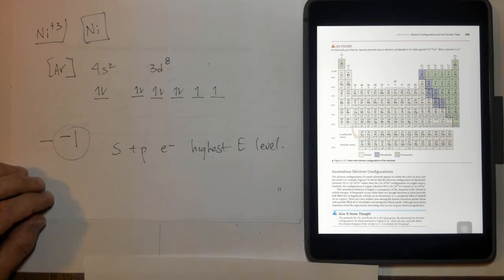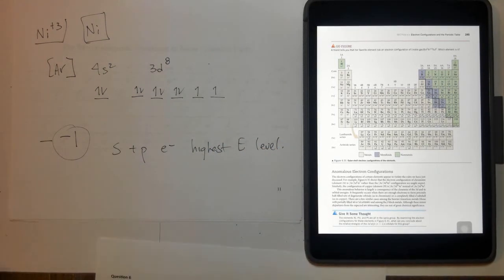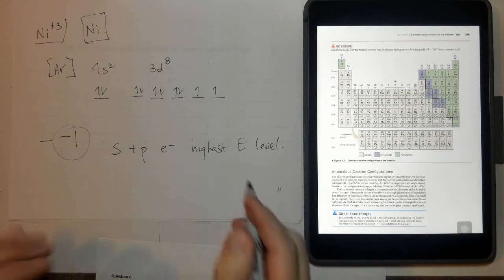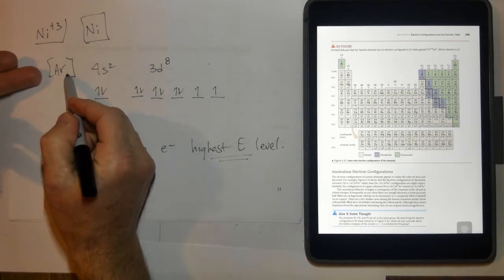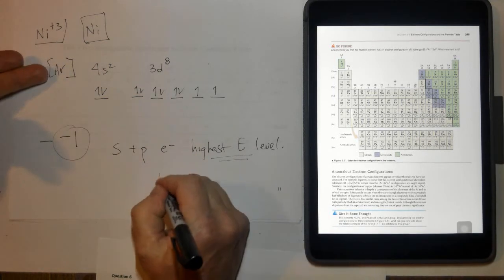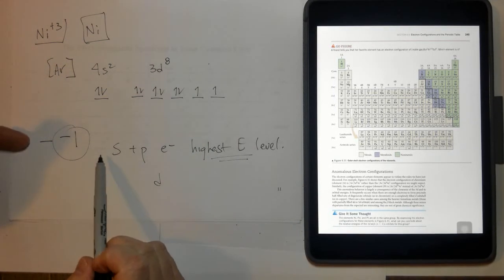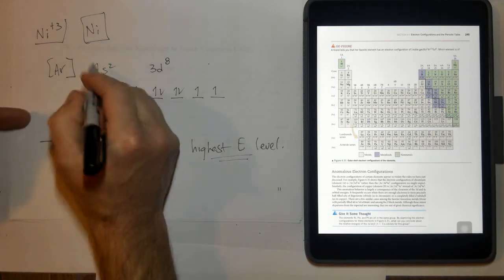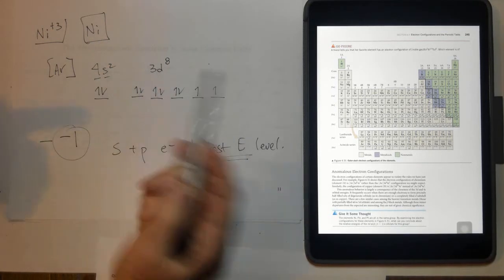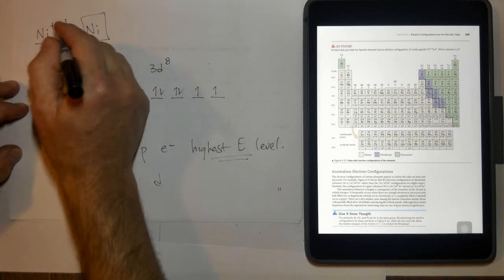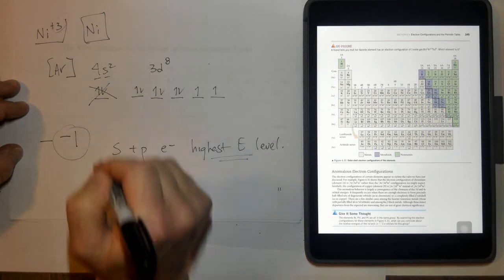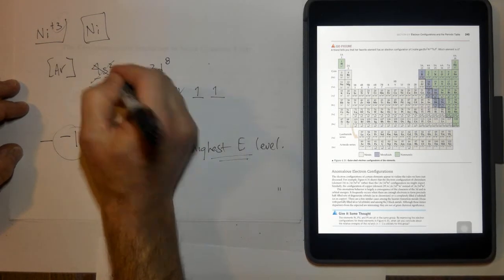Those are the ones that it loses first. If there are no more electrons in that highest energy level, you don't go into the core electrons, then you have to take them from the d orbitals. And so the highest energy level electrons for nickel are these 4s's, because 4 is higher than 3. And since we are +3, we'll take both of those away.